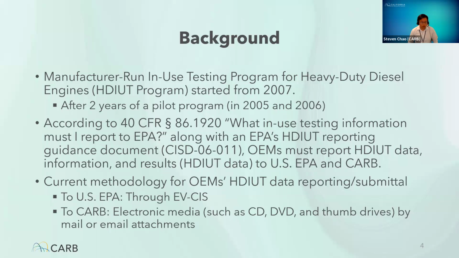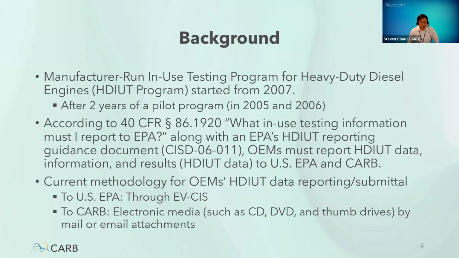According to 40 CFR 86.1920, titled "What in-use testing information must I report to EPA?", and the EPA guidance document CISD-06-011, each manufacturer must report HDIUT data, information, and results to EPA and CARB.